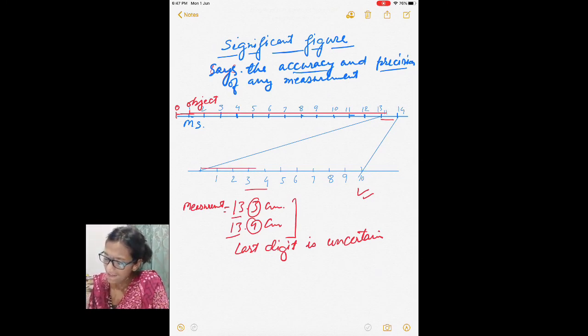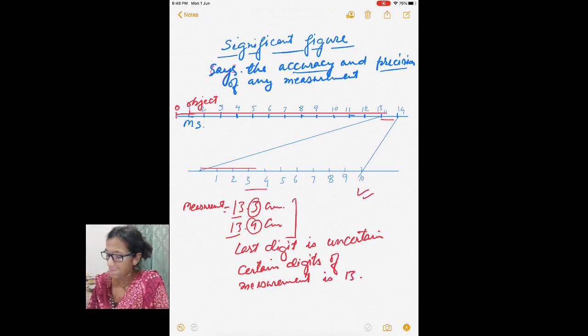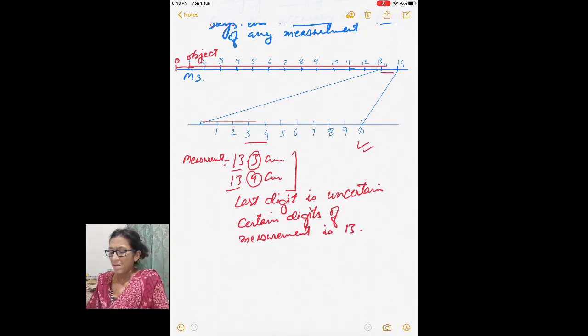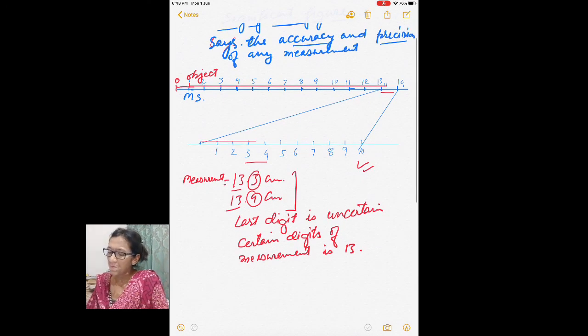So the certain digits of measurement is 13. So you see that there is uncertainty in every measurement. Every measurement leads to some uncertainty, with its last digit uncertain, not fixed, but the rest of the digits are fixed.